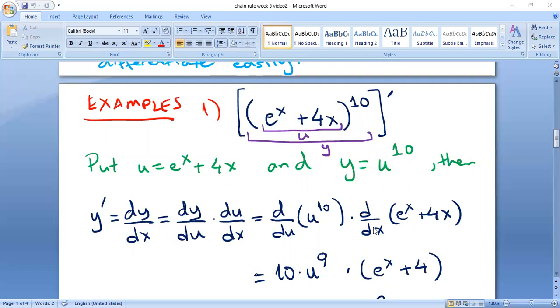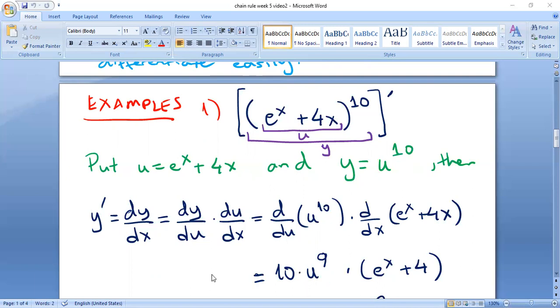So we call that first part u, and then we call the whole part y. That's usually how it goes. If there is a first function, we make a substitution u, and then the second function is here, taking the 10th power, we make a substitution for that. If there are some other functions applied, then we keep making substitutions and then use a chain.